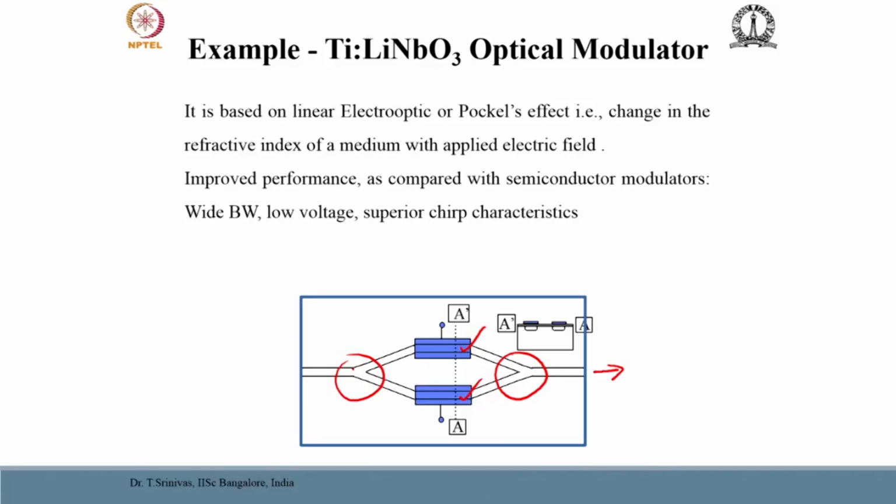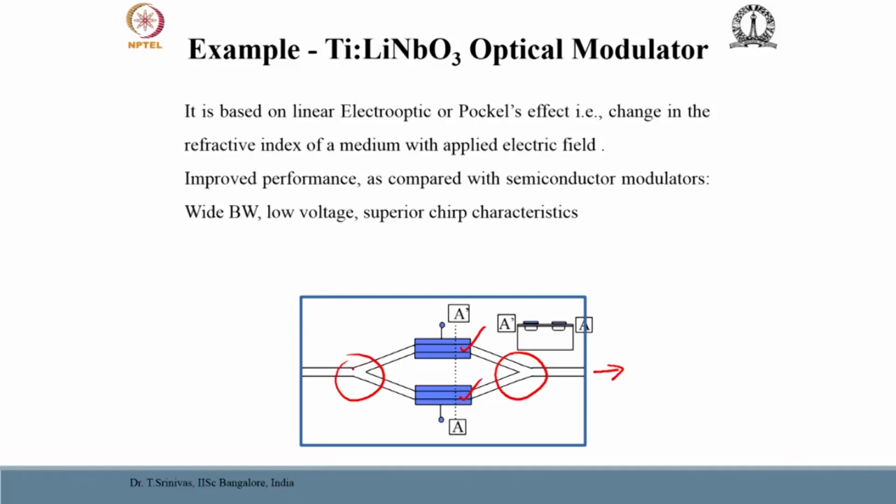The modulation happens with the change in the refractive index. The electro-optic effect, as I said, implies the change in the refractive index due to the applied electric field. As you know, the light propagation can be described by e to the power i(omega t minus beta z), and when you apply voltage to these electrodes, the propagation constant of the light propagating in these waveguides changes, effectively phase modulating the light that is propagating through them.